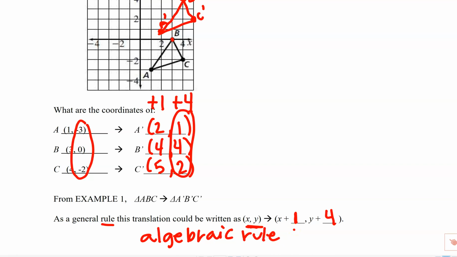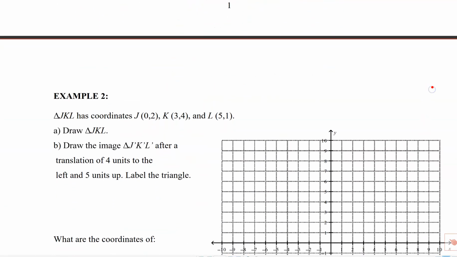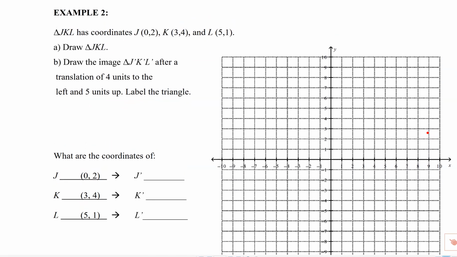So the algebraic rule basically tells me what's going to happen to my old points to get my new points. All right, so let's go ahead and try another one. Now this one right here, we have a blank graph. Of course, you can definitely pause the video and try it yourself. Again, you're just learning this, so you can definitely just try it.